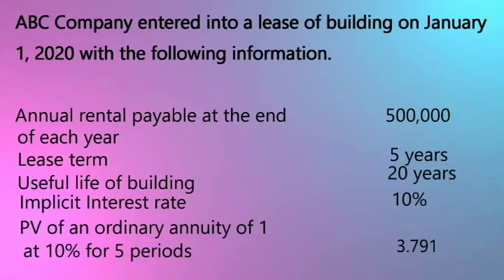For example, ABC Company entered into a lease of a building on January 1, 2020 with the following information: annual rental payable at the end of each year amounting to 500,000, lease term of 5 years, useful life of building of 20 years, implicit interest rate of 10%, PV of an ordinary annuity of 1 at 10% for 5 periods, 3.791.